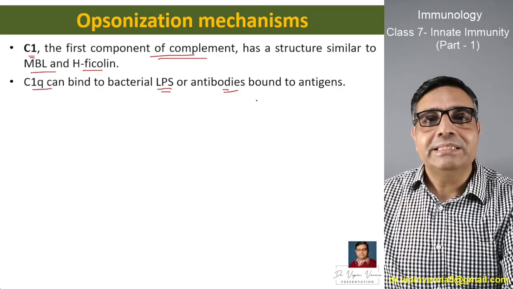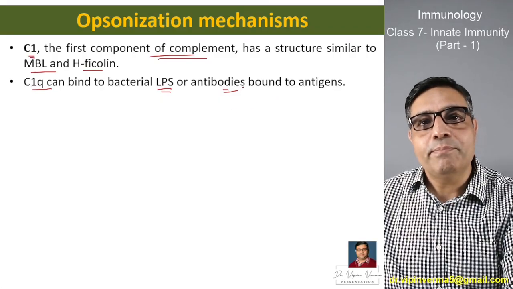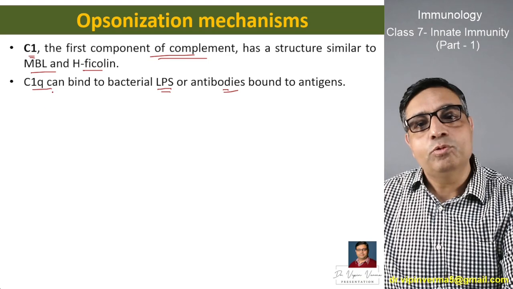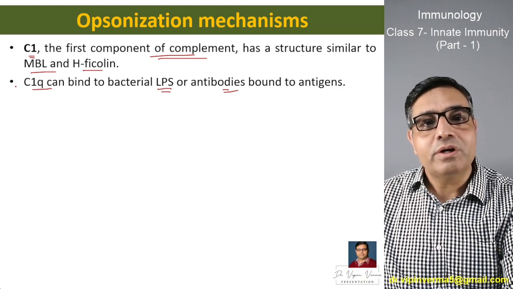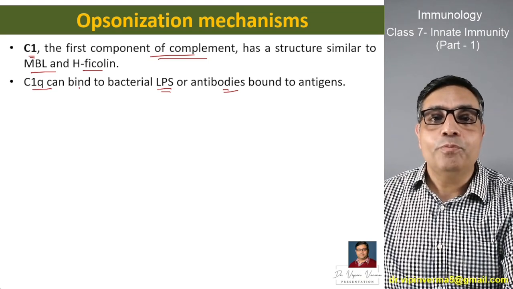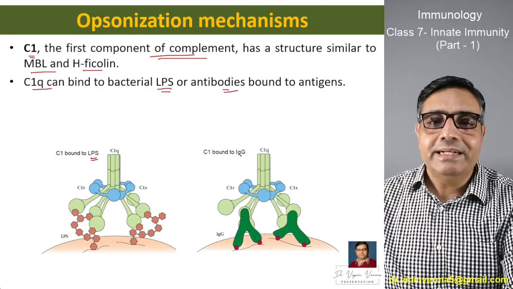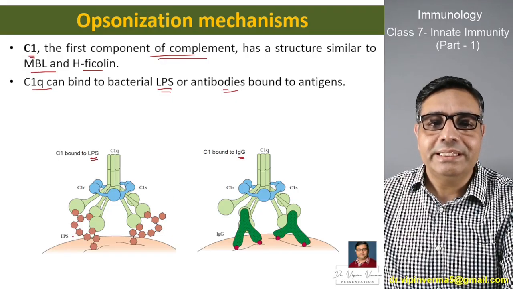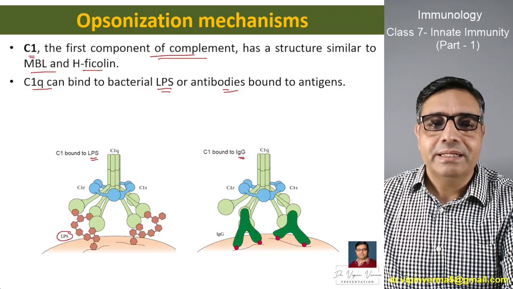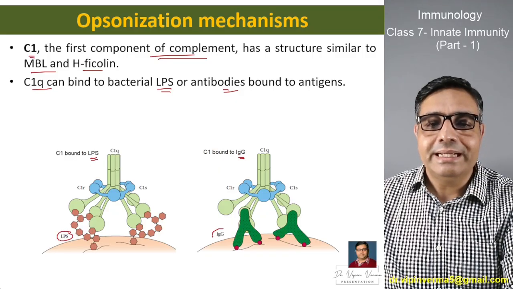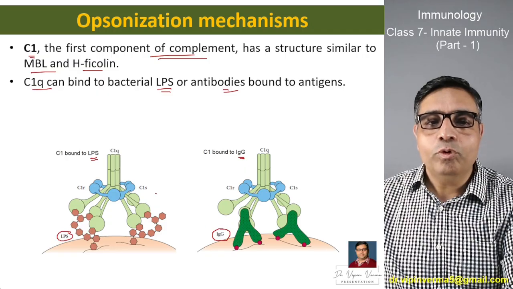So if the antigens are there and antibodies have already bound, then C1q can bind to these antibodies, or alternatively it can also bind to bacterial lipopolysaccharide. Now here you can see this is C1q. Here it is bound to LPS and here it is bound to IgG. In both cases C1q has bound.